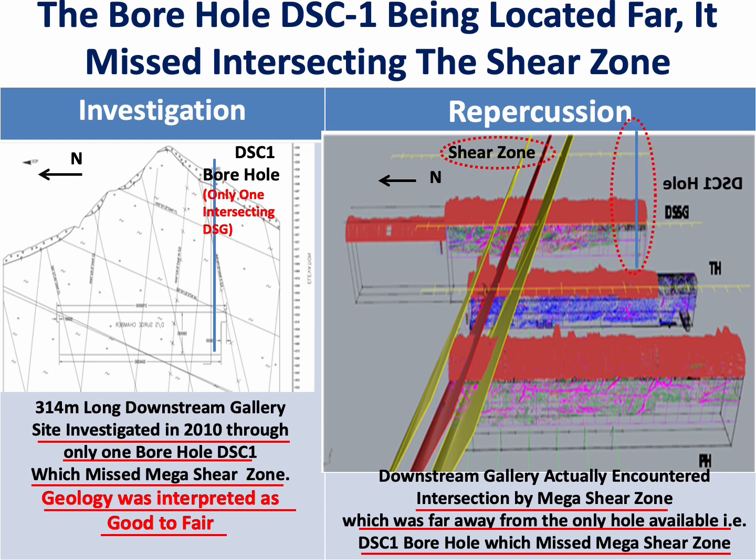This is that borehole that was done. This is the downstream surge gallery, and this was the only borehole, DSC-1, done. This is a shear zone which cut the three caverns.